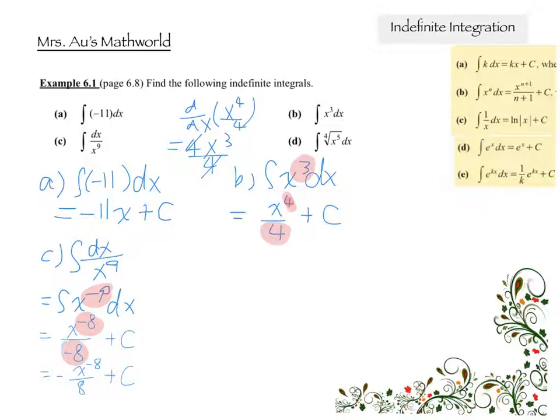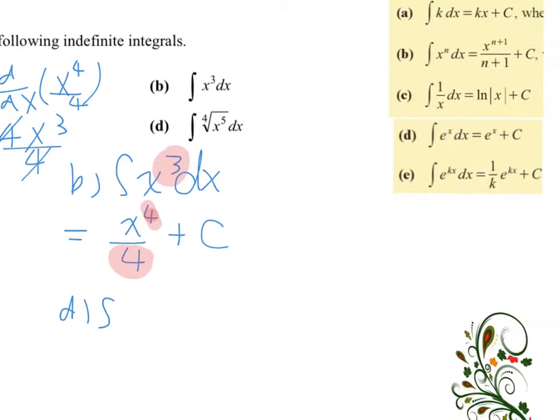Okay, so let's look at part D together. So part D, we get the fourth root of x to the power 5, but it doesn't matter. The thing we're going to do is we change it to index form.